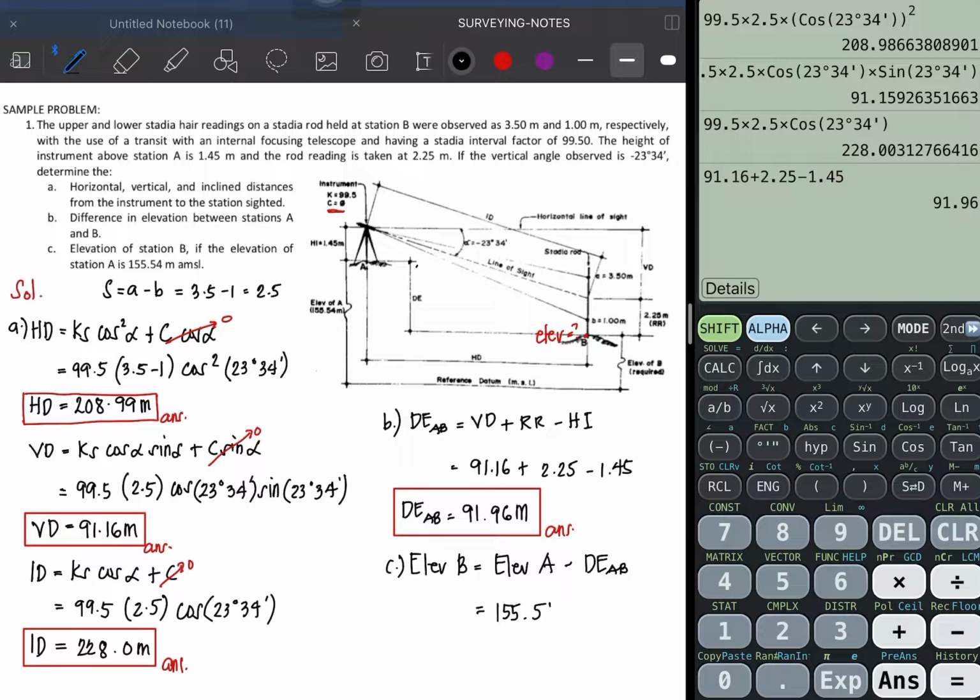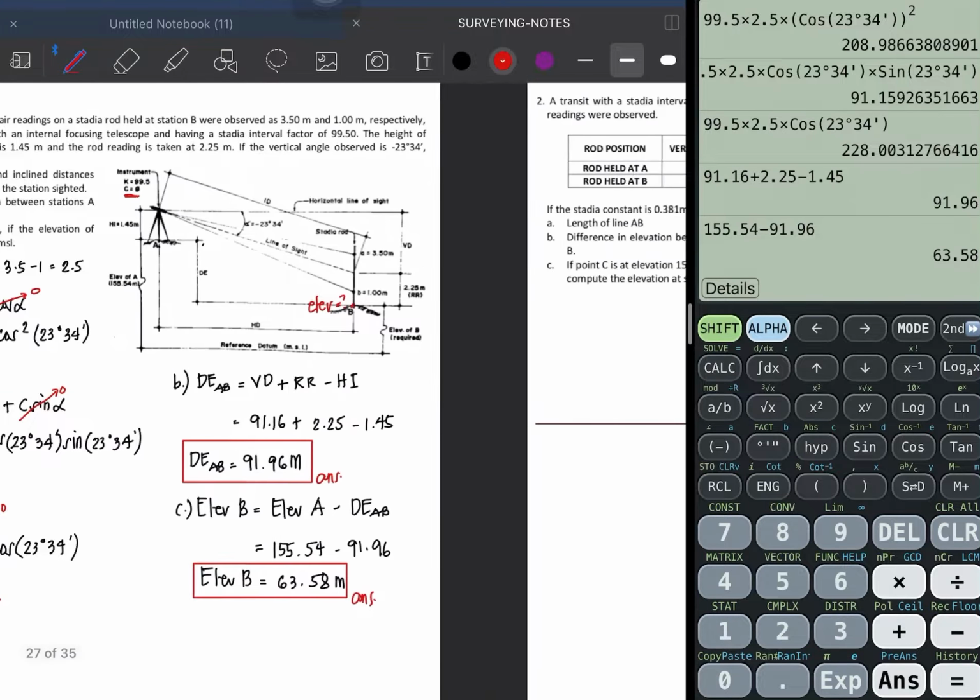You have elevation, which is 155.54 above mean sea level, minus 91.96. So the elevation of point B is equal to 155.54 minus 91.96. That is 63.58 meters. Okay, so this is the answer for sample problem 1.